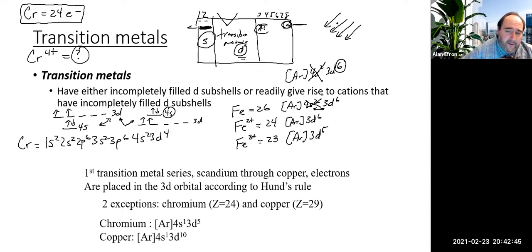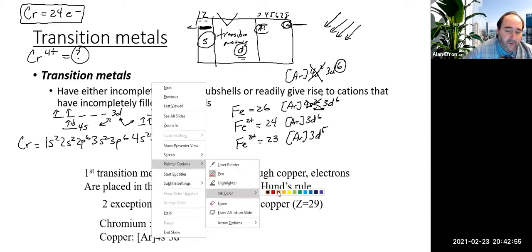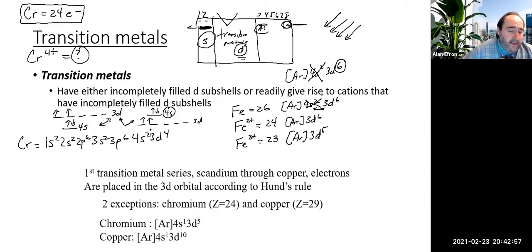And again, if you follow that zigzag guide, that's probably what you would end up with. What has been found experimentally is there's actually an exception, and chromium is one of them. Chromium is actually a lot more stable when there's an extra electron up in the d orbitals.